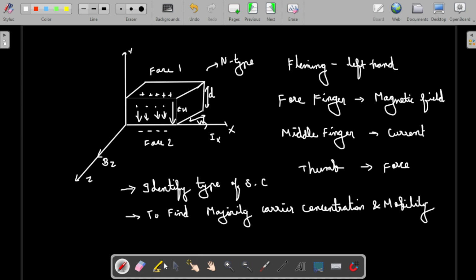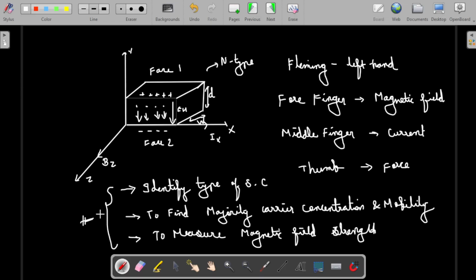Okay. And then we can also measure magnetic field strength. Okay, so these are the three important applications.